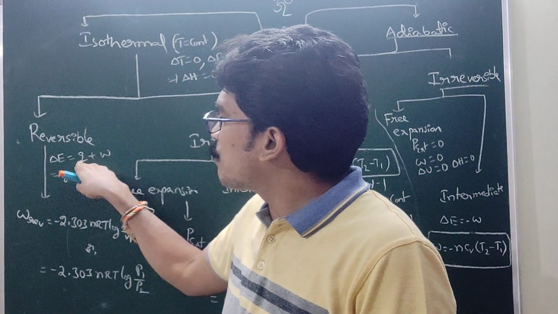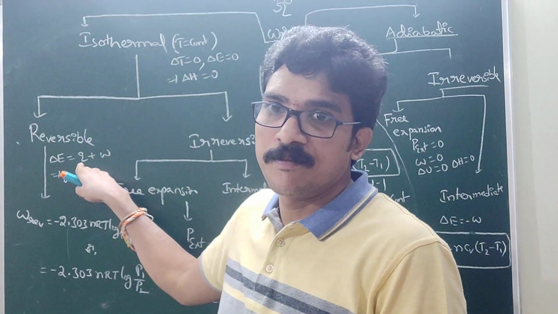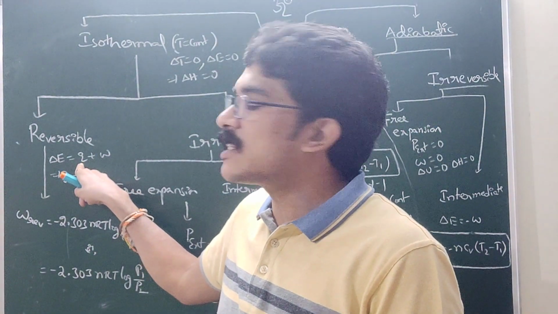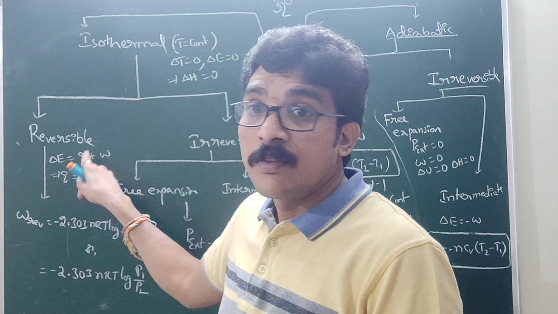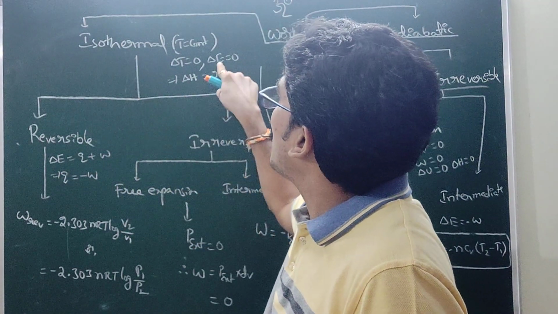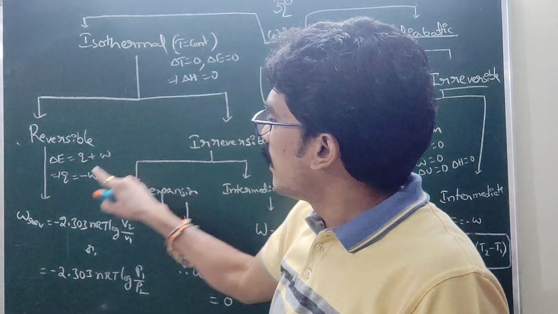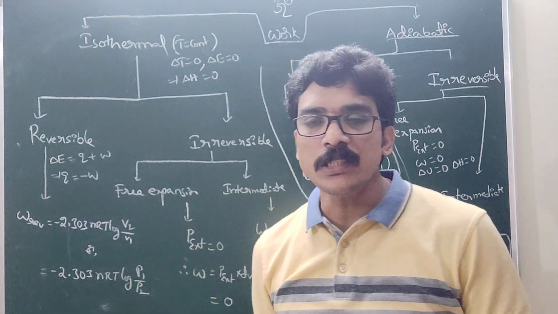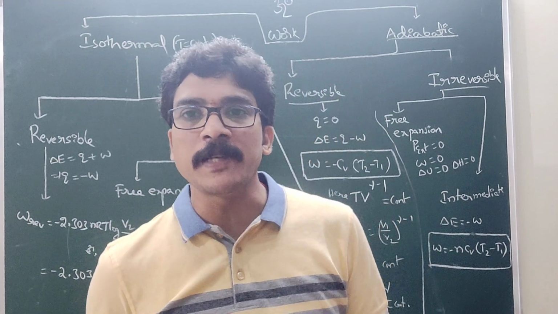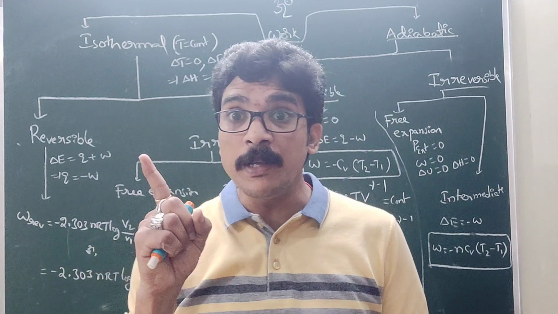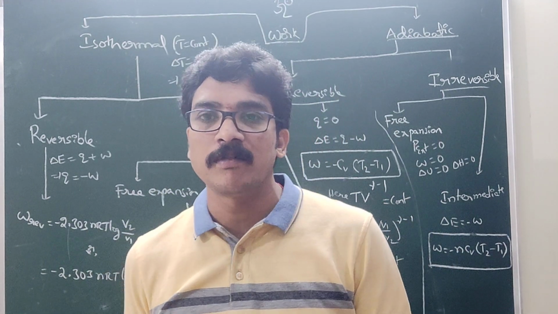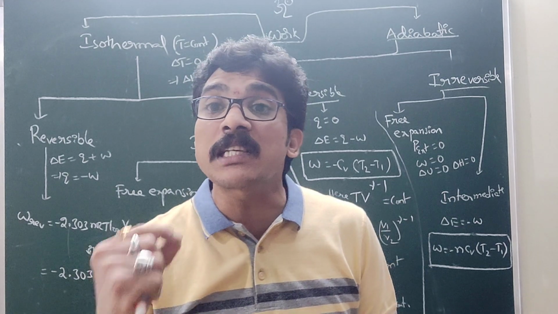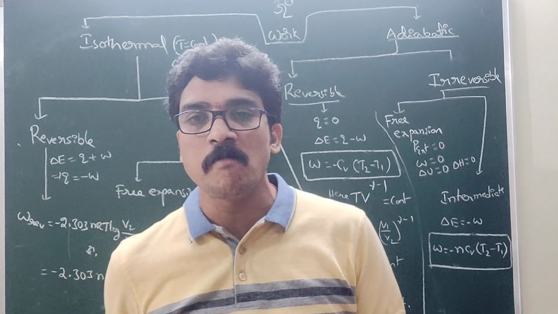Heat absorbed by the system is plus Q. Then we know that in the isothermal process delta E becomes 0. Therefore, Q is equal to minus W. What is the first law of thermodynamics? Energy can neither be created nor destroyed; one form of energy is converted to another form.